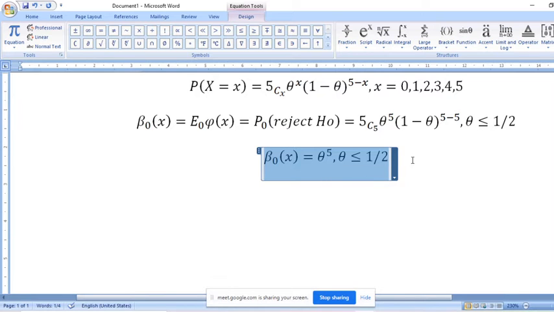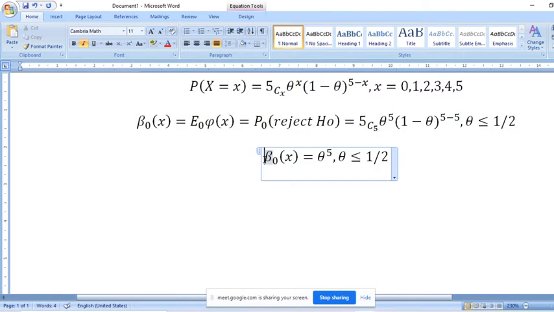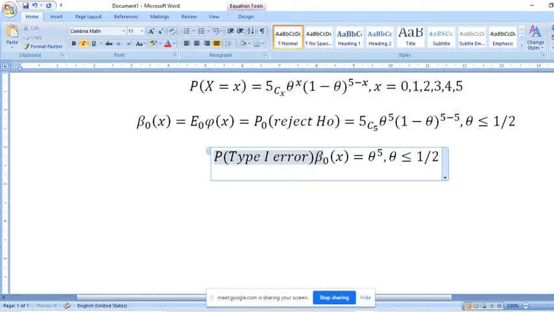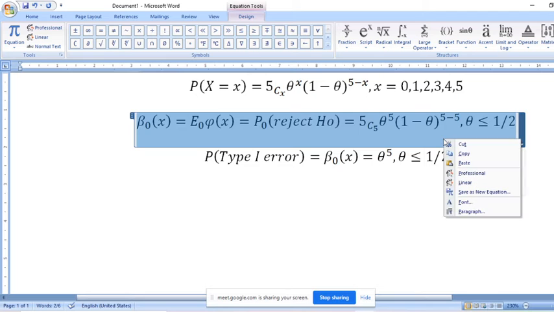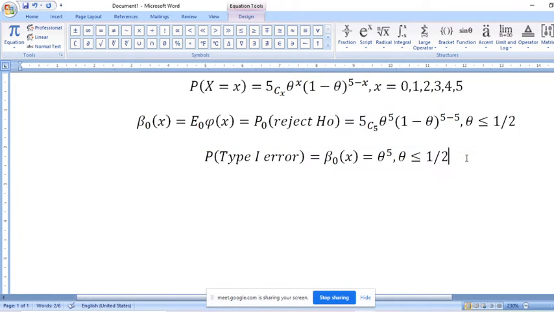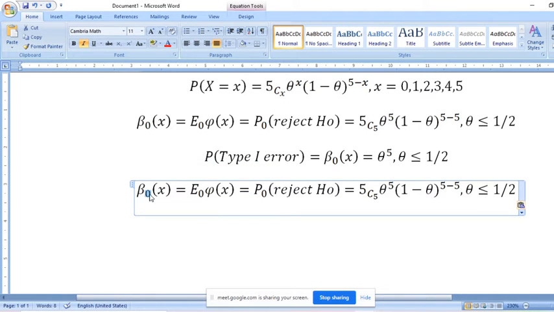Now we compute the power. What is power? This is the probability of type 1 error. Now what is power? Power will be taken under the alternative hypothesis, so rejecting H0 when H1 is true.